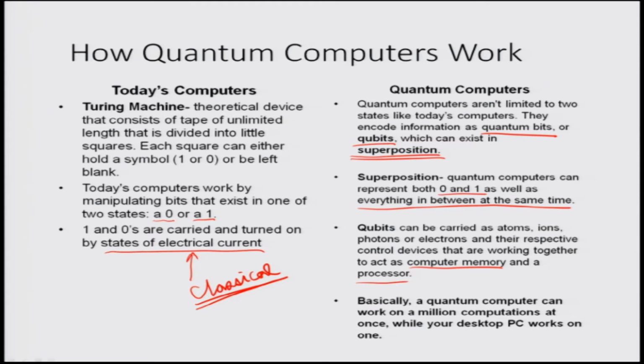So, the net result is that a quantum computer can work on a million computations at once, while our desktop PC works on one. That is the basic promise of a quantum computer, the extreme parallelism. But as we have been saying all the time, this has to be harnessed, and that is the major issue about the implementation of quantum computation.